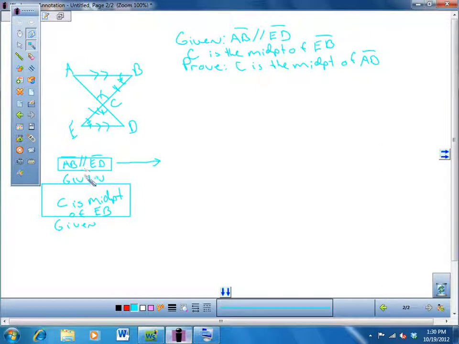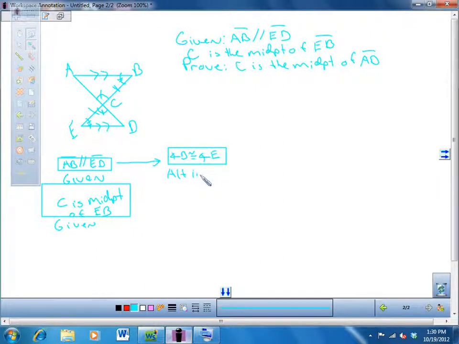Okay? So from these being parallel, I can conclude that angle B, you could just call it angle B because there's nothing else that can be called up there, that angle B is congruent to angle, what? E. Why? Very good. Those are called alternate interior angles.